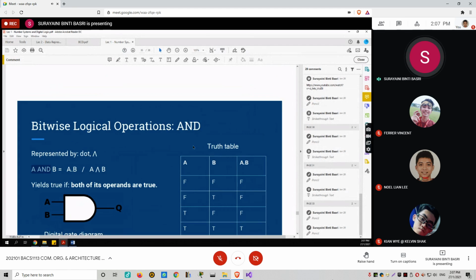For example, if the statement says A and B, you can write A dot B. Or you can also use the second sign, the inverted V, so A and B can be written as A ∧ B.